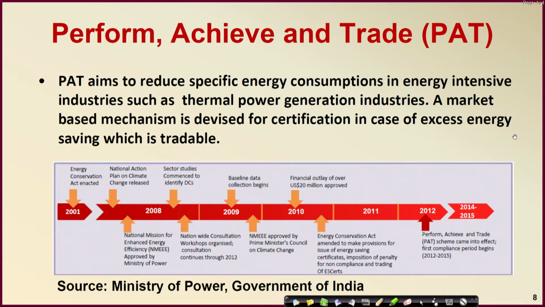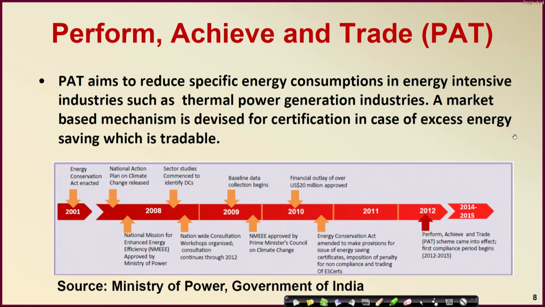In 2001 the Energy Conservation Act was enabled and then the National Action Plan on Climate Change was released, all right. Then the National Mission for Enhanced Energy Efficiency, NMEEE, was approved by the Ministry of Power.